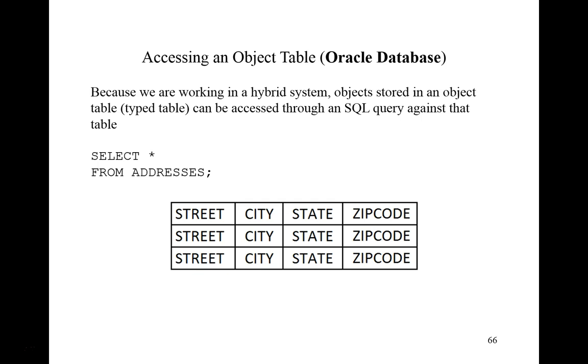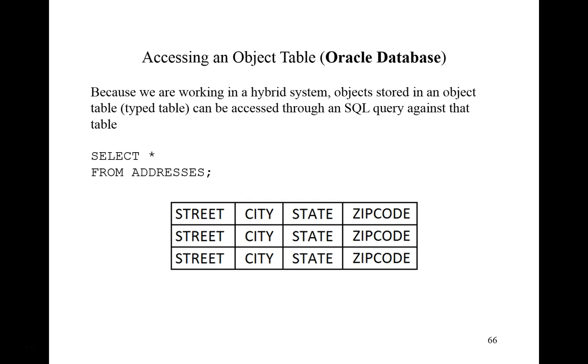Thus, we see that an object table is logically and physically similar to a relational table whose column types correspond to the top-level attributes of the object type stored in the object table. But the key difference between a conventional relational table and an object table is that an object table can optionally contain an additional object identifier column and index.